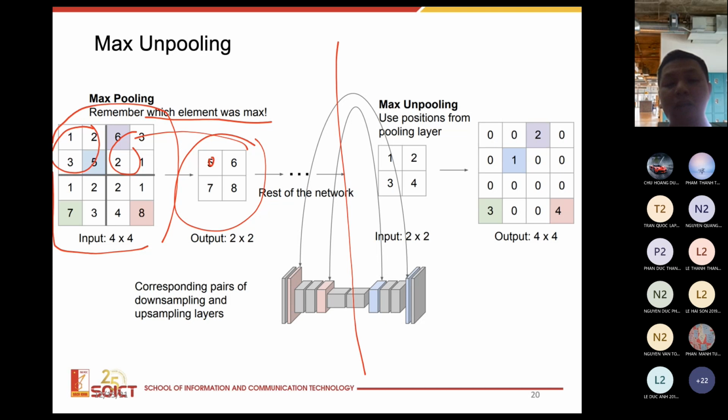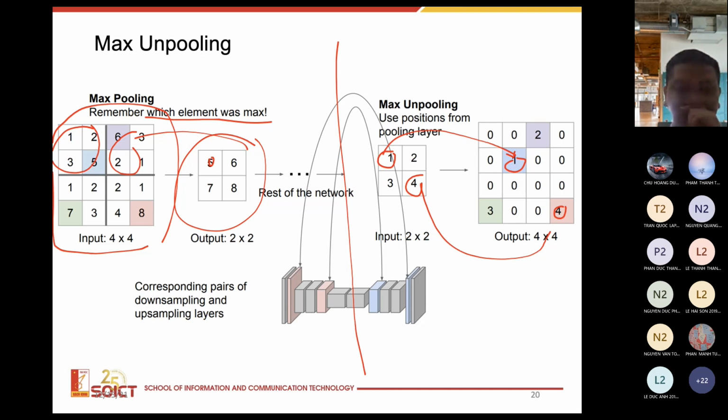For example, in the previous layer the max was in that location, and now you place the value in that location, and the same for number 4, and for the other locations you keep 0.